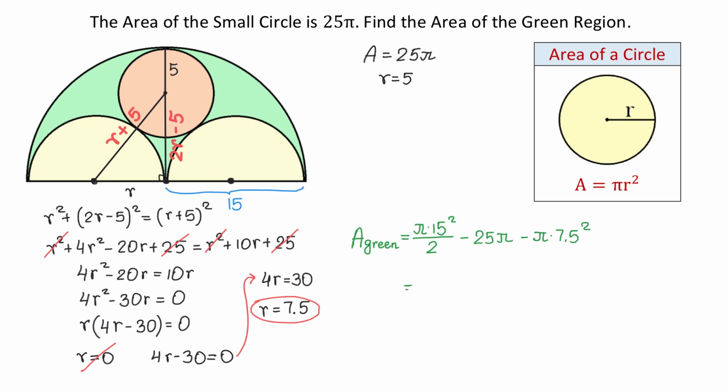Here we can use a calculator and we will get 125 over 4 pi, which is approximately 98.2 square units. So we found the area of the green region and it is approximately 98.2 square units.